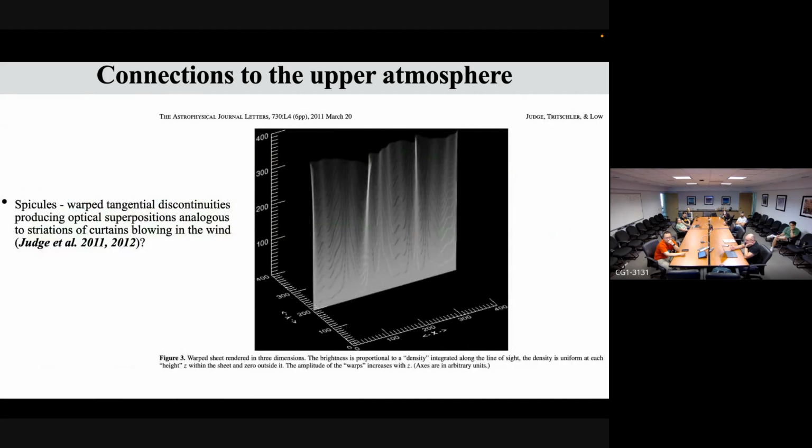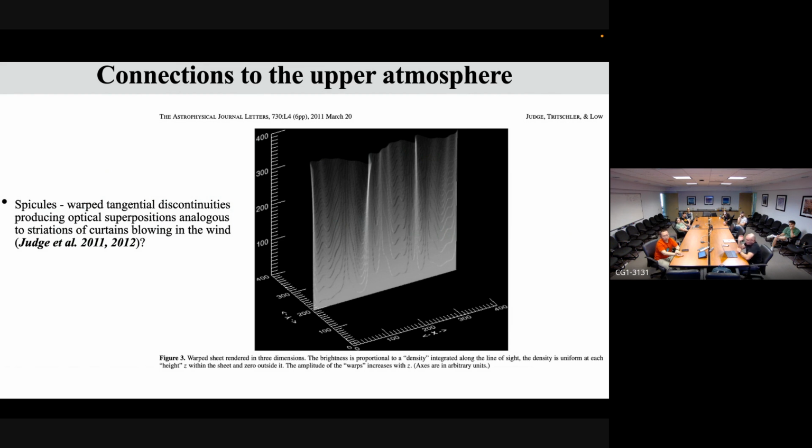But interestingly, this analogy of the magnetic curtain was used in the paper published by Judge et al. 2011. Very interesting and important paper.